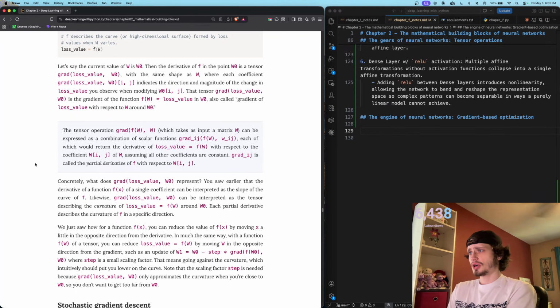Each would return the derivative of loss value equals f of big W with respect to the coefficient for some weight i and j of W, assuming all other coefficients are constant. Gradient_ij is called the partial derivative of the function f with respect to some specific weight i and j.